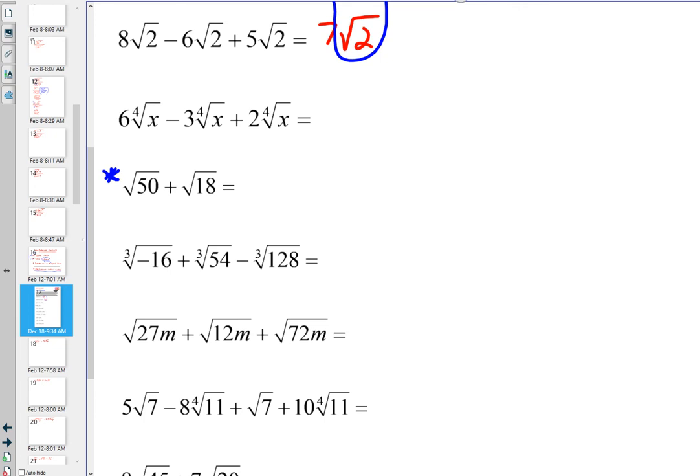Since we all know how to do factor trees now, I can just tell you that this is 5 square root of 2. I can tell you that this next one is 3 square root of 2. Look at that. Before they didn't look the same, and now they do. Steph is impressed. Very good. And now this becomes 8 square root of 2.